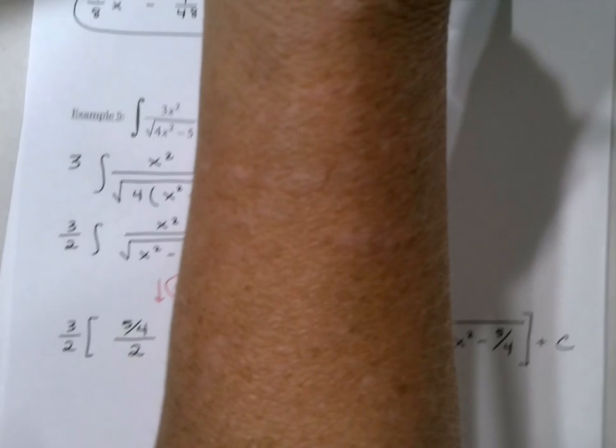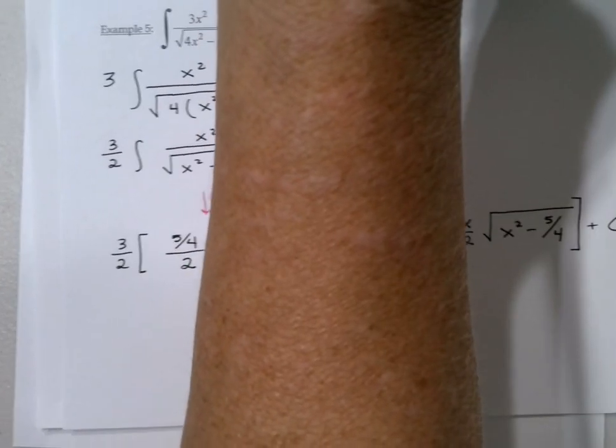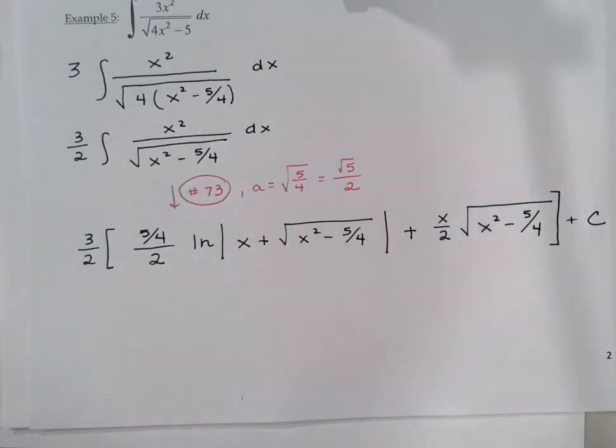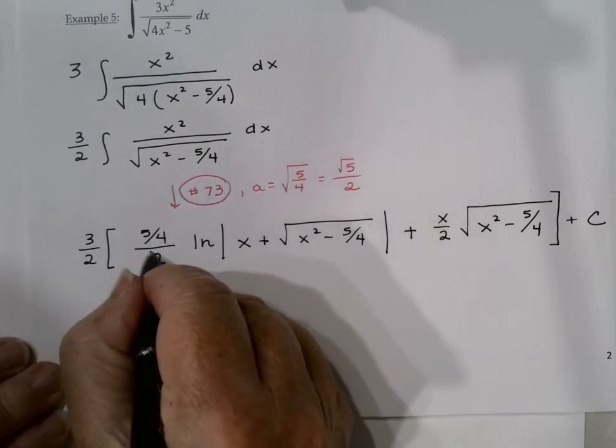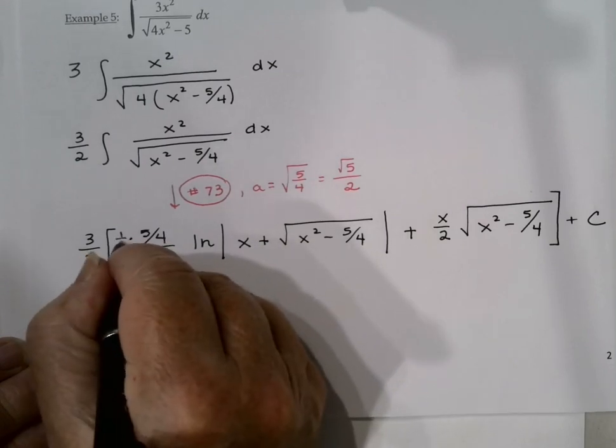All right, we're going to clean that up just a little bit, and we're just about done with this one. Let's see here. This is really 5/8, right? I could bring this 2 up as a times 1/2.